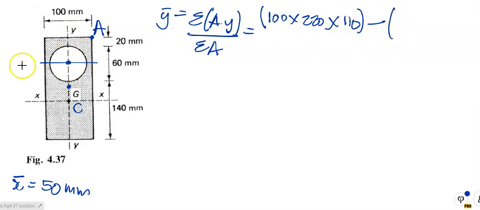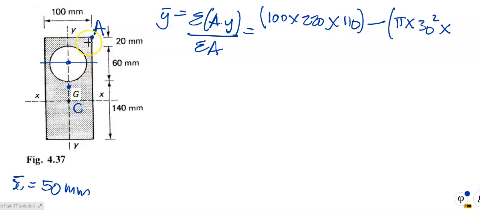Minus. Why minus? Because it's a void. It's a cutout. The area is pi times r squared. What's the radius of the circle? It is 30. So it's pi times 30 squared times y. What's y? Y is the distance from the centroid of the element to the line we take moments about.